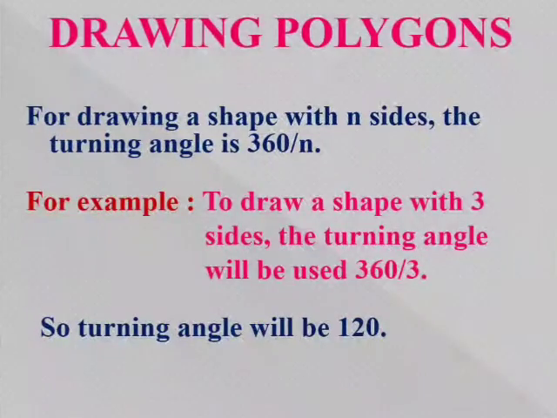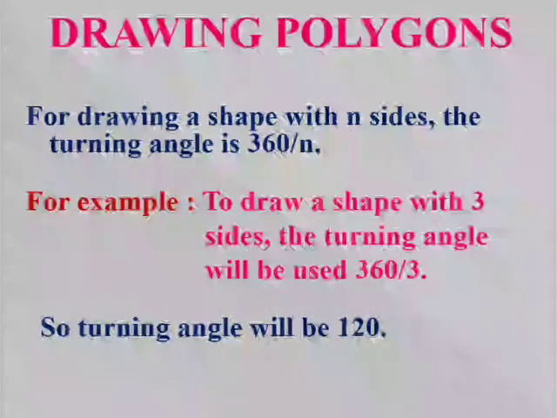Repeat command is very useful for drawing geometrical shapes such as triangle, rectangle, and so on. For drawing a shape with n sides, the turning angle is 360 divided by n.